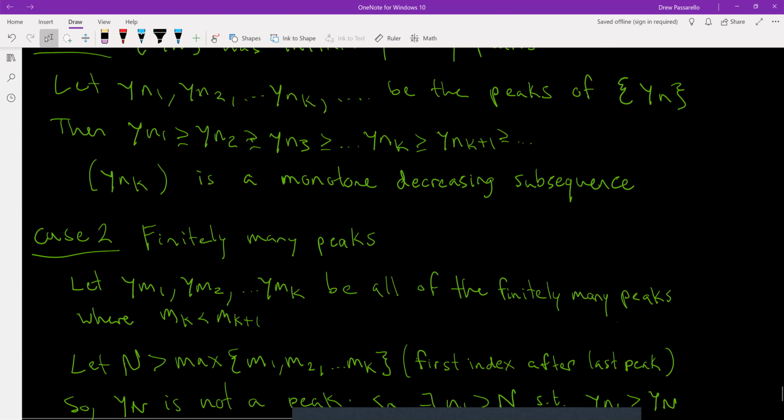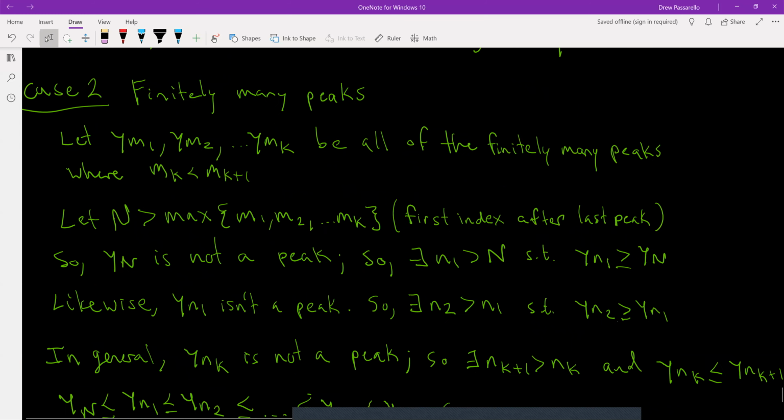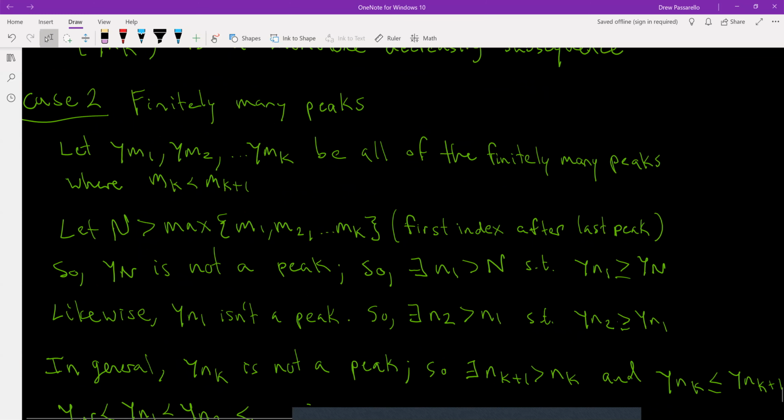Now the second case is when we have finitely many peaks. So let's suppose that for the finitely many peaks, you label them y_{m_1}, y_{m_2}, up to y_{m_k}, where the indices satisfy m_k is less than m_{k+1}.